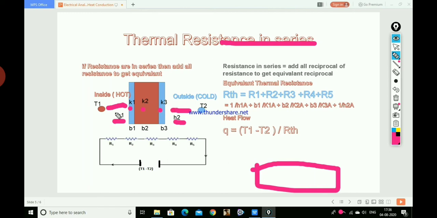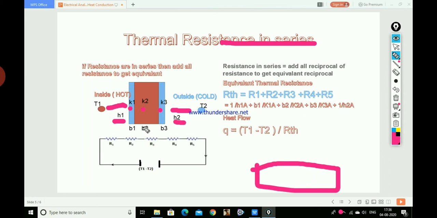So this is a series process, as we can see in the figure. So R1, R2, R3, R4, R5 are in series. How will we get the equivalent thermal resistance? Just add: RTH equals R1 plus R2 plus R3 plus R4 plus R5.